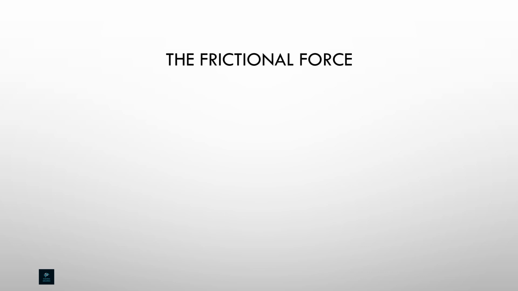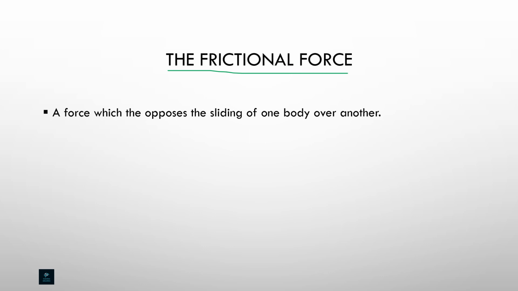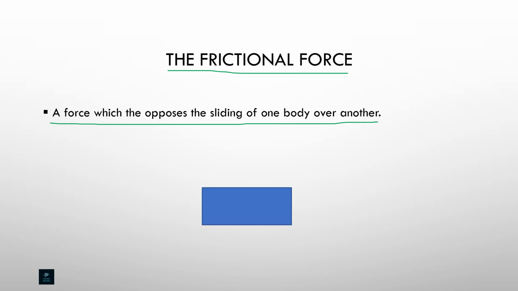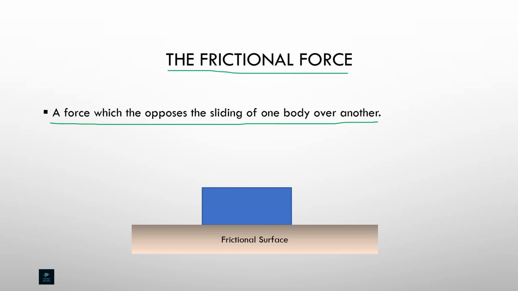Next force that we'll consider is the frictional force. A force which opposes the sliding of one body over another body is called the frictional force. Suppose that we have a body and it is lying on a surface that is frictional.